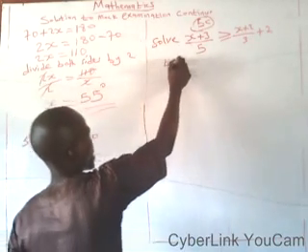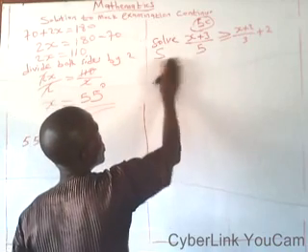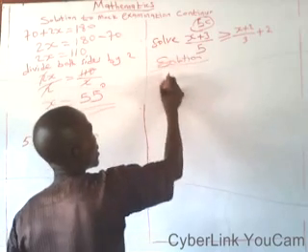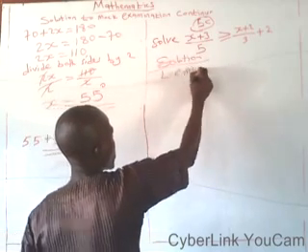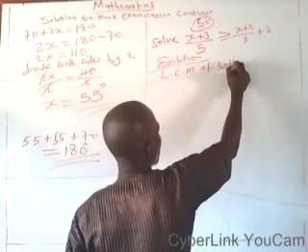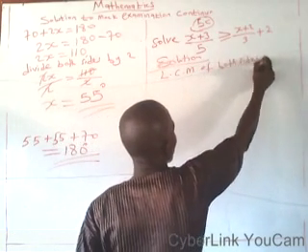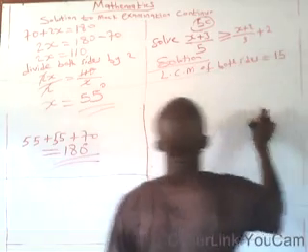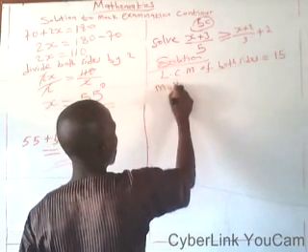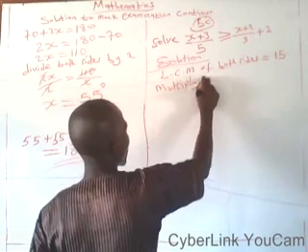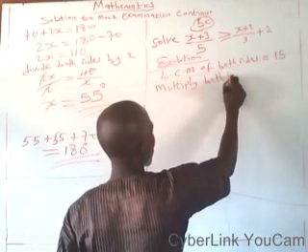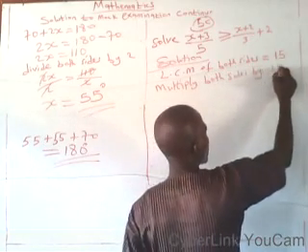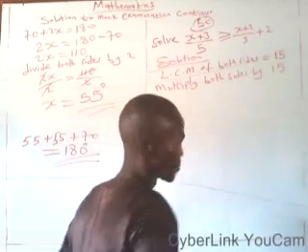The LCM of both sides here is equal to what? That is 15. Then multiply both sides by 15, which is the LCM that we determined.